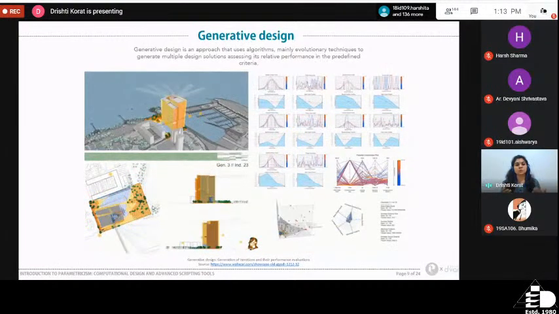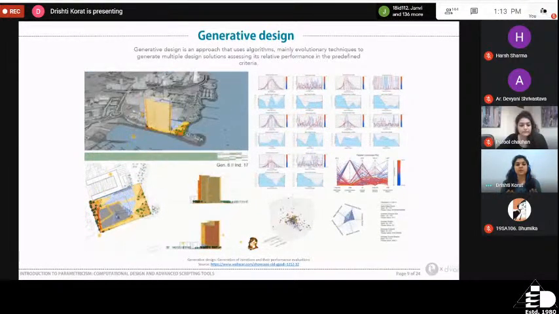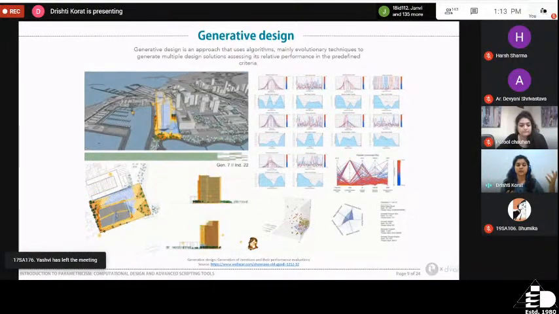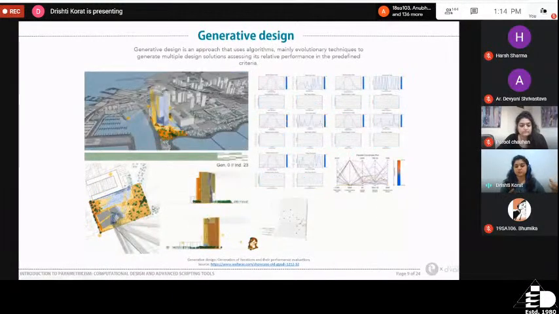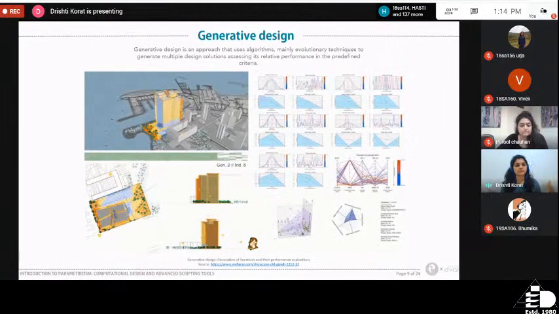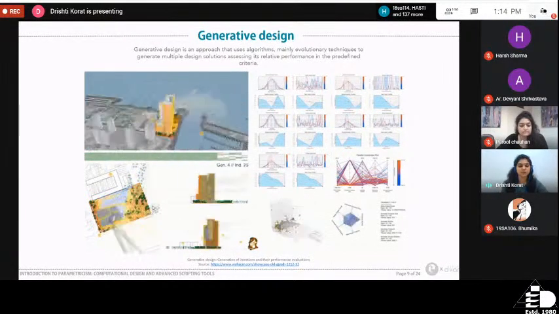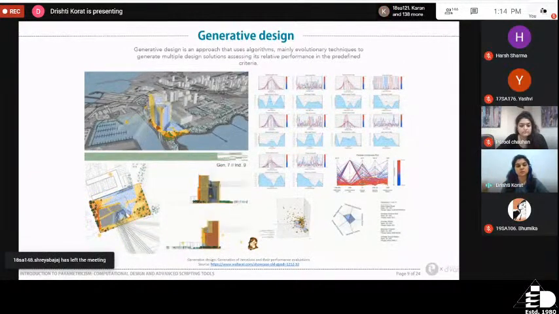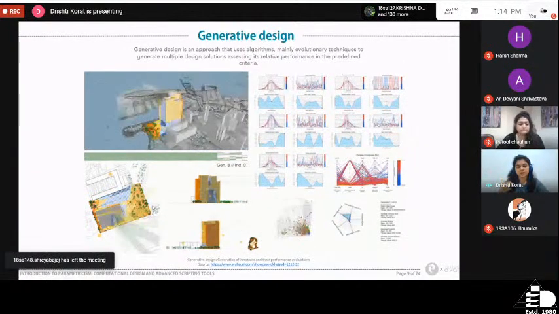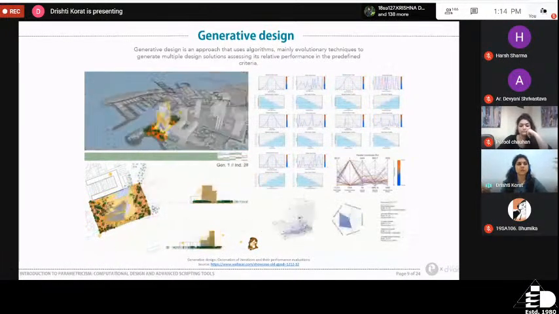So we all know of this phenomenon of evolution, where nature has a design. By design, I mean a human is a design, or a butterfly is a design. So nature has created this design, and with every new generation, it creates some variation or some mutation between these offspring.